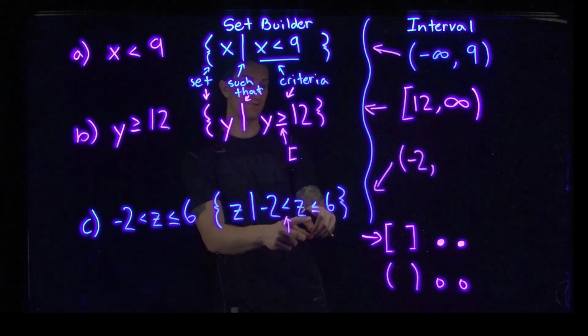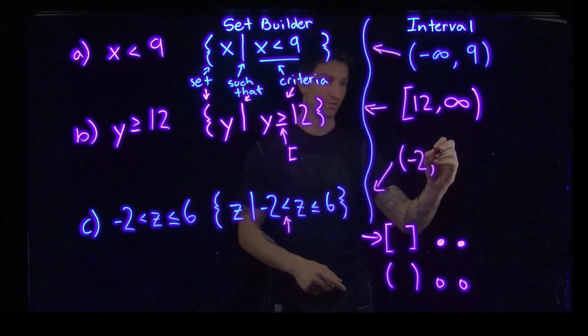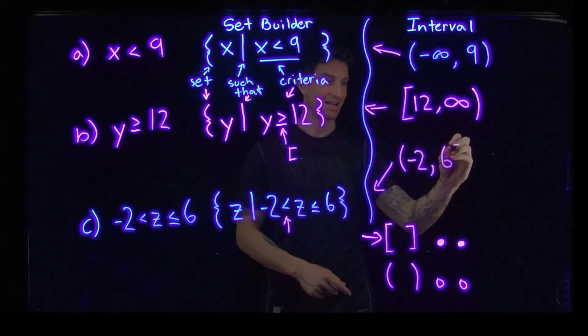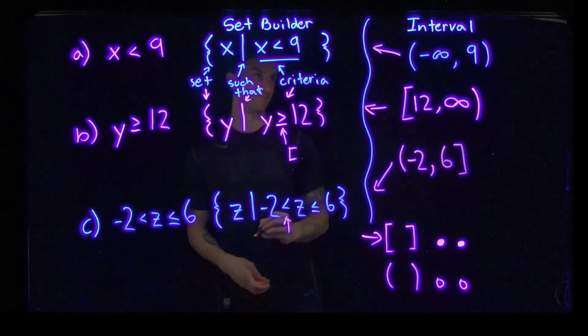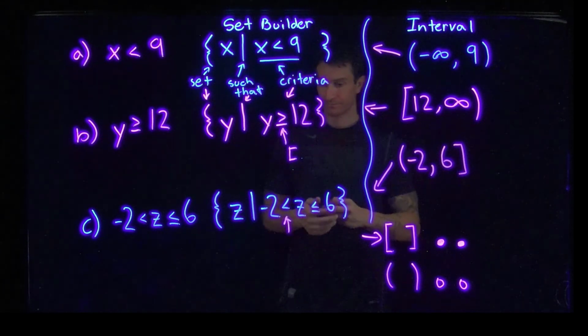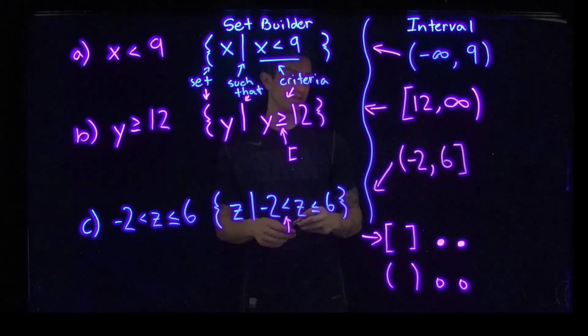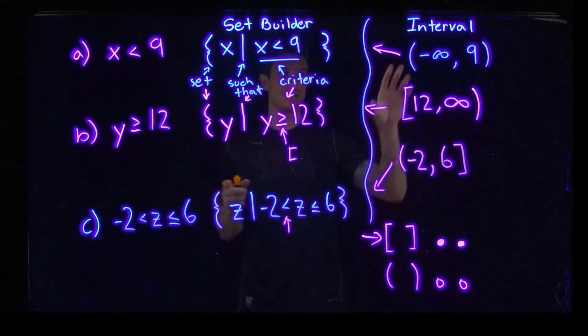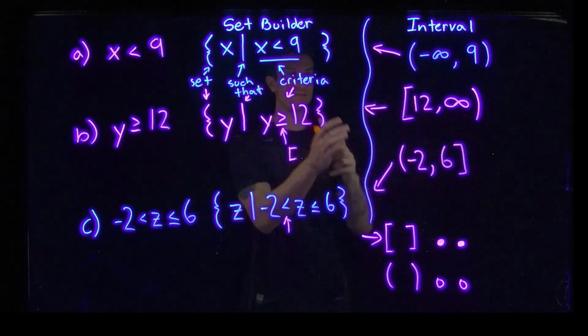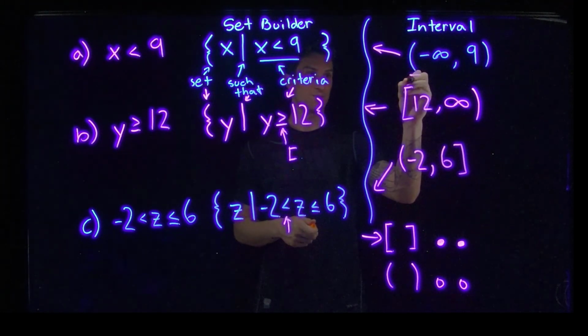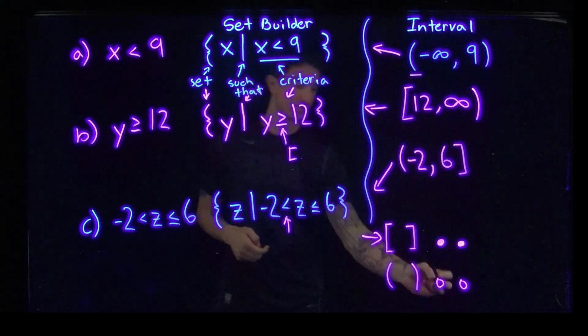But notice here I'm allowed to equal 6. So since I can equal 6, I can put a bracket. Right, so again, to recap really closely on this last part, the parenthesis goes with the open circle.